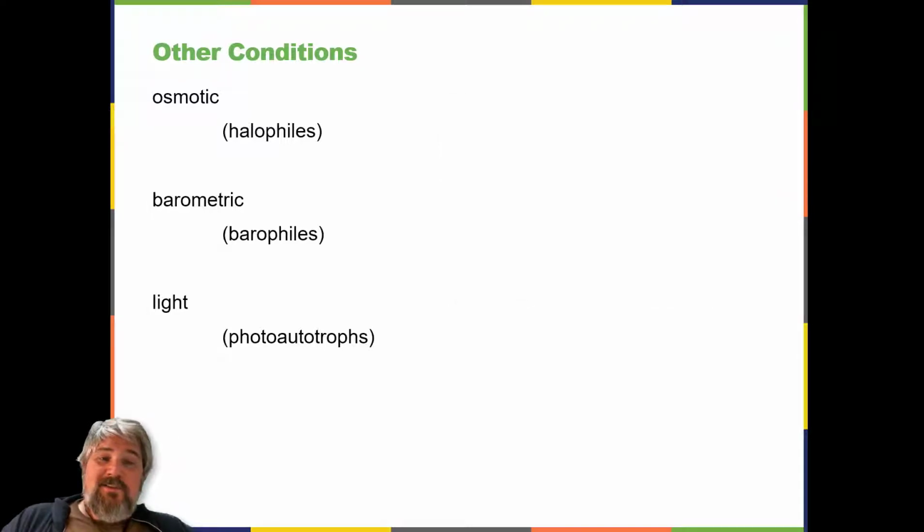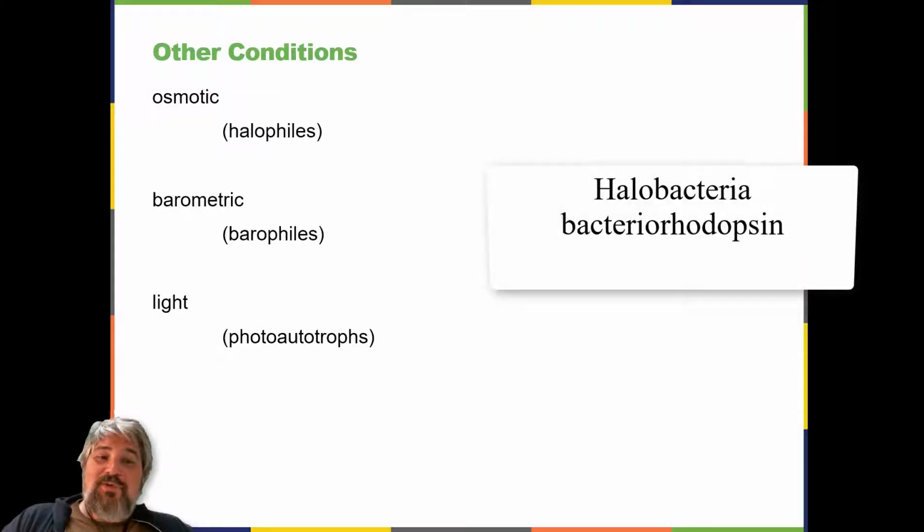Other microorganisms, such as the archaea of the class Halobacteria, use light energy to drive their proton and sodium pumps. The light is absorbed by a pigment protein complex called bacteriorhodopsin, which is similar to the eye pigment rhodopsin.